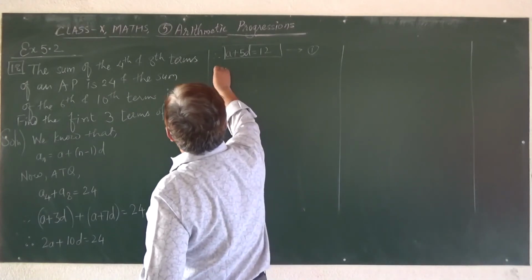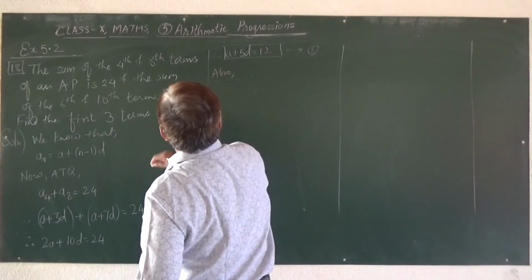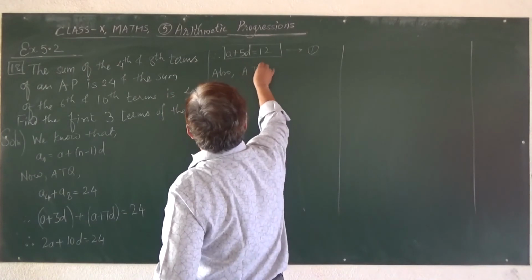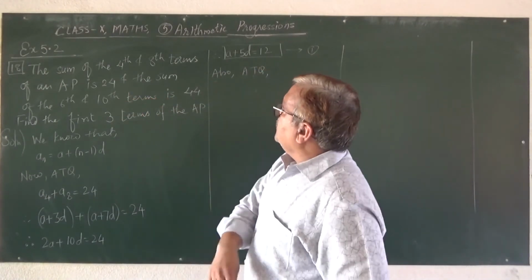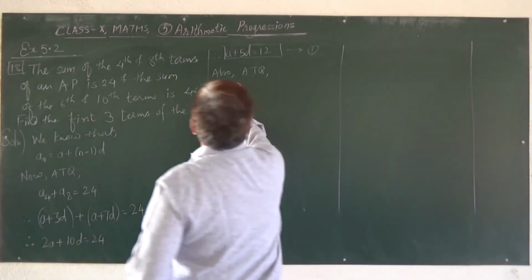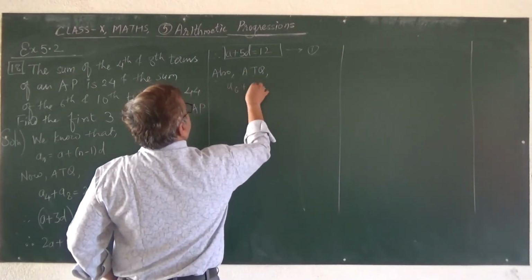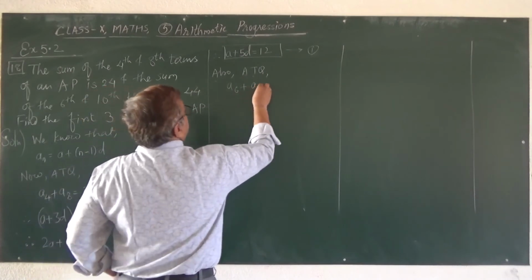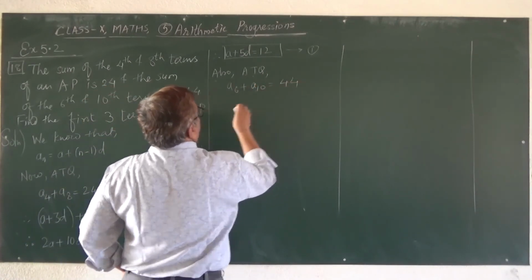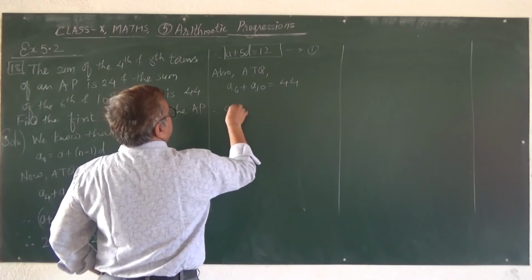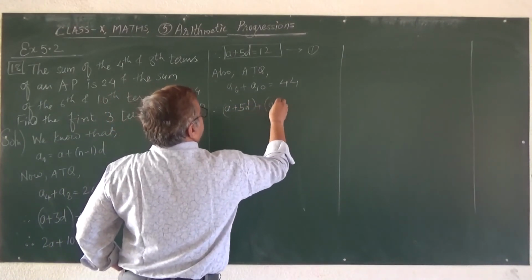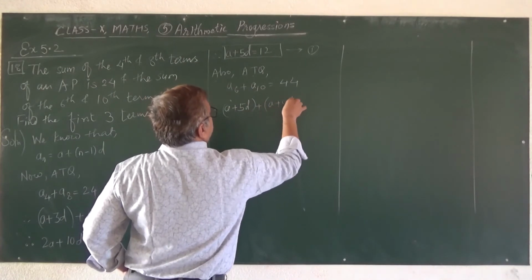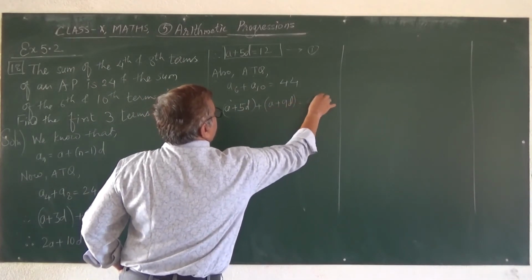Now, according to the question, the second condition is that the sum of the 6th term and 10th term is 44. So a6 plus a10 is 44. a6 is a plus 5d, a10 is a plus 9d, and the sum is equal to 44.